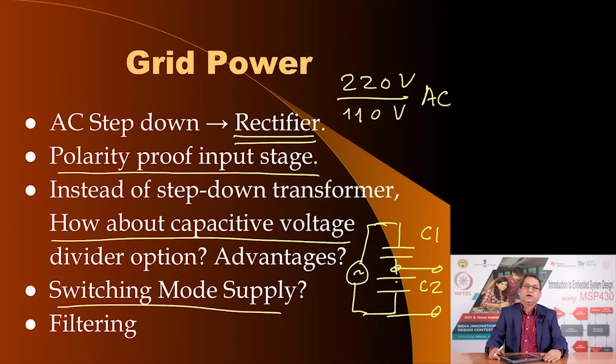What it does is it takes the AC voltage and rectifies it right away, and usually such switching power supplies are also called universal power supplies, which means that the same power supply will operate in a 220 volt domain as well as a 110 volt domain, because when you are creating a product, you do not want to have alternative options, that if this is to be sold in countries which have 220 volt supply, then this is the power supply to be used, and if it is to be sold in countries which have 110 volt supply, then you have a separate power supply.